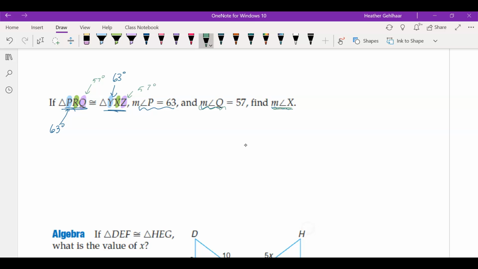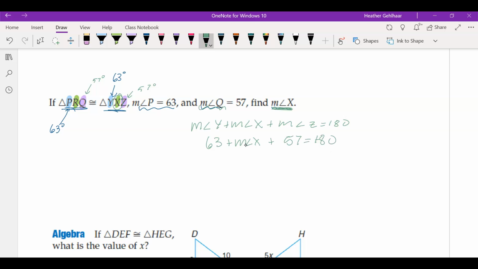And then it's asking for the measure of angle X, so this guy here. So that's when we know we can do the measure of angle Y plus the measure of angle X plus the measure of angle Z equals 180. Plug those in, so we're going to get 63 plus the measure of angle X plus the measure of angle Z. Z actually we know is 57.